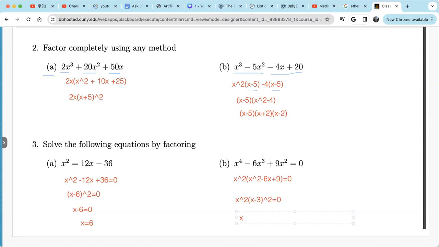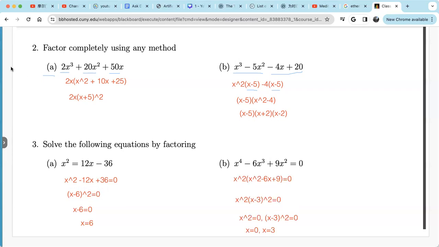Then by the zero property, this factor x squared can be 0, or the next factor, x minus 3 squared, can be 0. And this gives us x can be 0, and x minus 3 can be 0, which means x can be 3. So B will have two solutions.